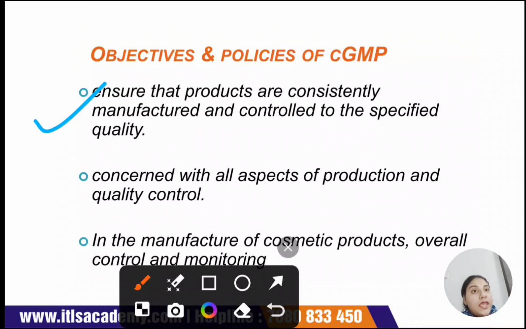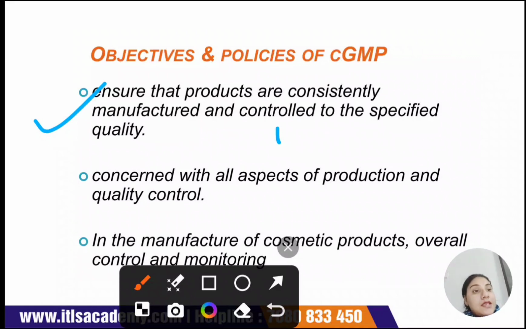Control here means under the check of the CGMP guidelines, concerned with all aspects of production and quality control. One additional point: if you are manufacturing any cosmetic products, overall control and monitoring is very important.